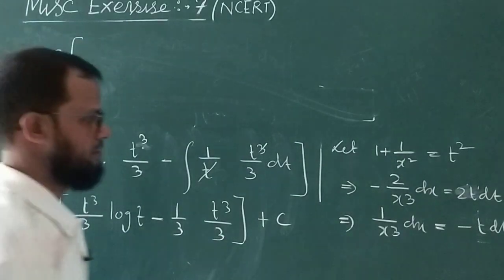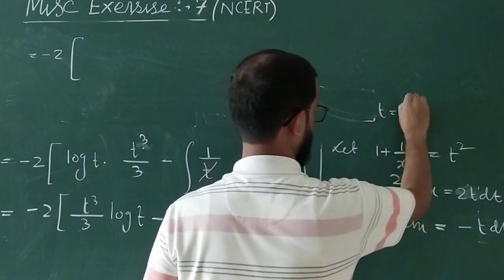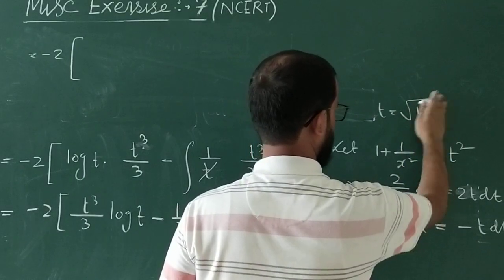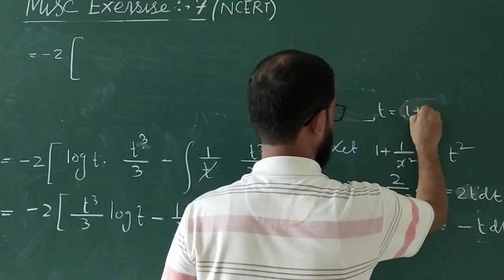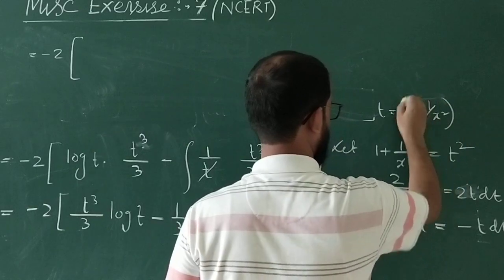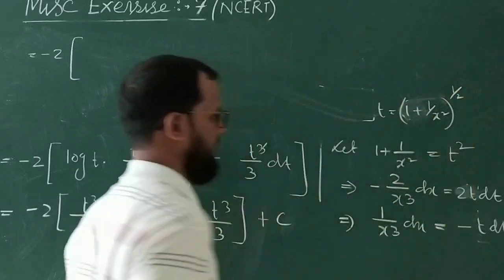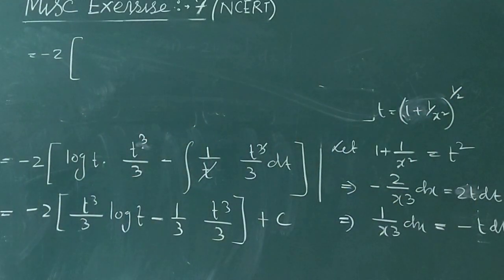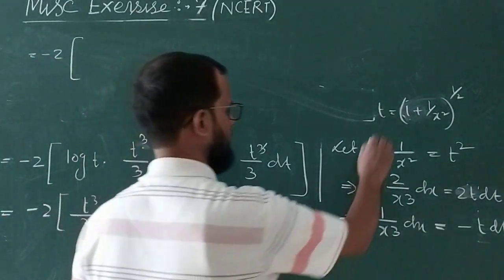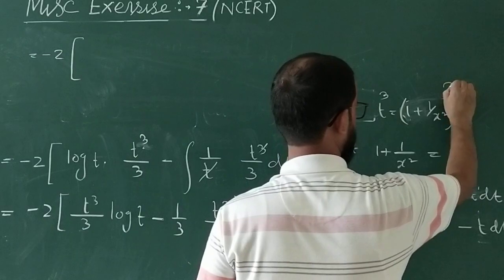Now go to this expression, t equal to what? Root over 1 plus 1 by x square, or you can write 1 plus 1 by x square whole to the power half. ठीक है, t equal to 1 plus 1 by x square whole to the power half. Then what will be t cube? इधर t cube होगा तो it will be power 3 by 2.